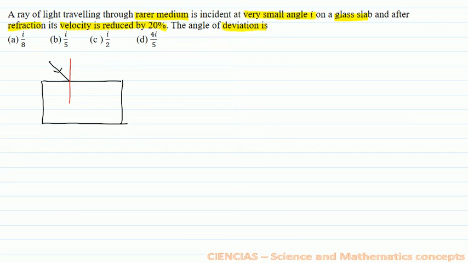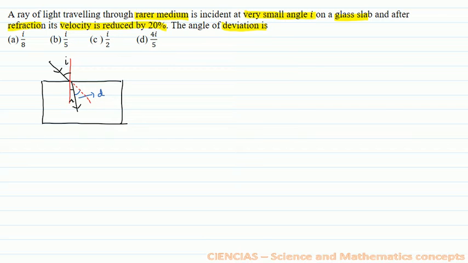From rarer it is moving in denser. So this is refracted ray. This becomes angle of incidence and this becomes angle of refraction. If I produce the incident ray, then this angle will be angle of deviation, say D.